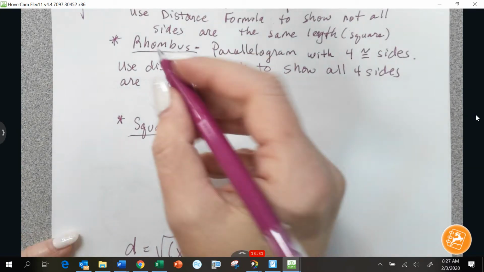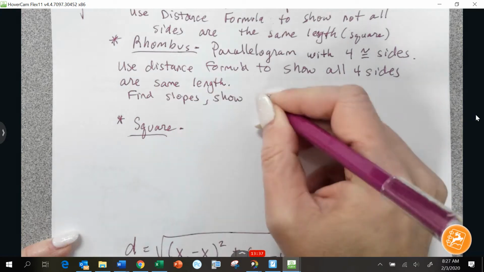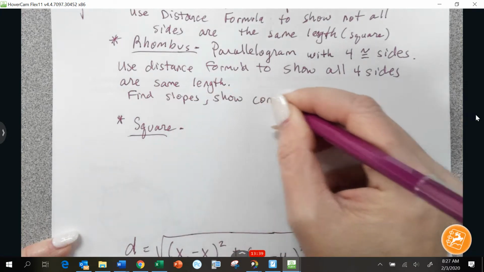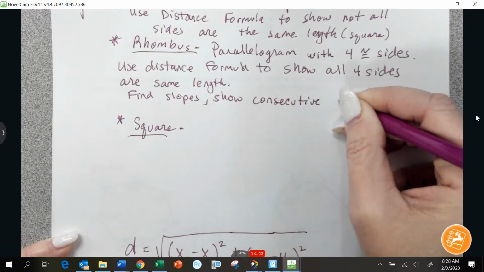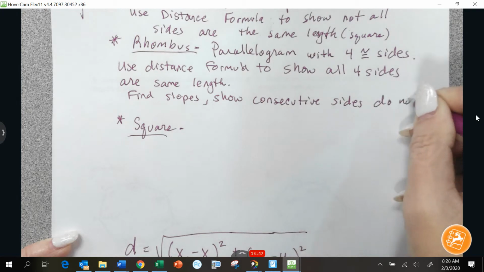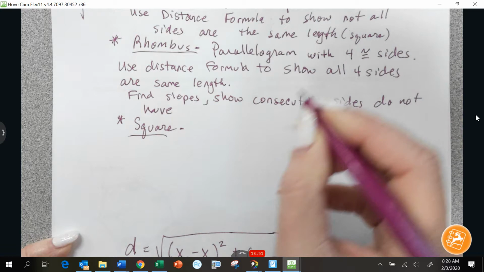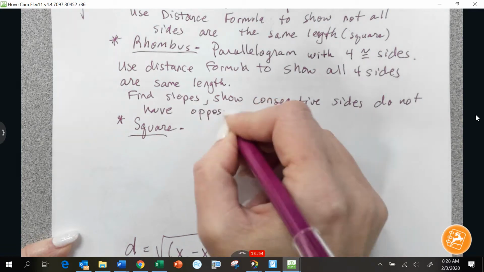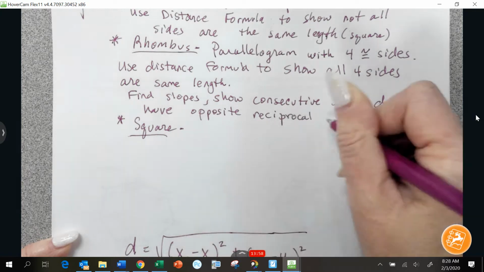So find slopes. Show consecutive sides do not have opposite reciprocal slopes.